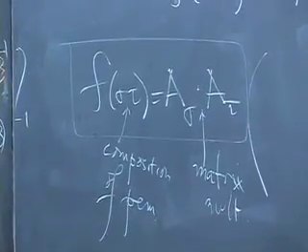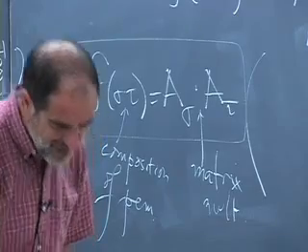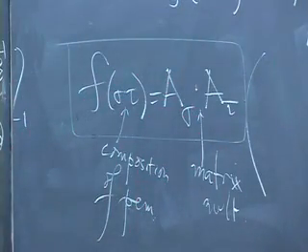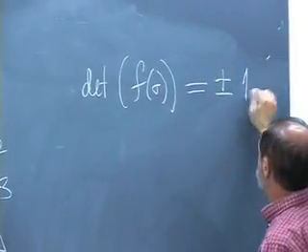And this gives us a very interesting subgroup of the symmetric group, because I claim that the determinant of any permutation matrix is equal to plus or minus 1.